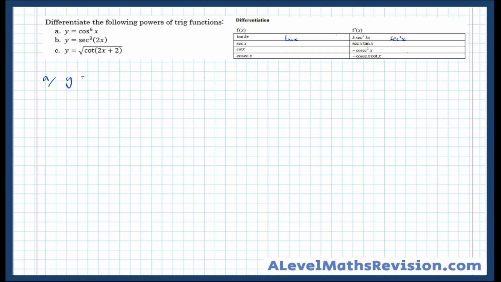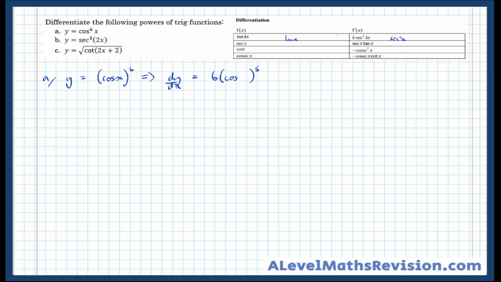Well, it really helps on this if you write it as cos of x to the power of 6 like that. Then hopefully from this point you can see the chain rule can be used because we've got brackets to the power of 6. Now you might want to pause it, have a go at it. But I'll keep going. Which means that dy by dx equals 6 bracket to the power of 5.